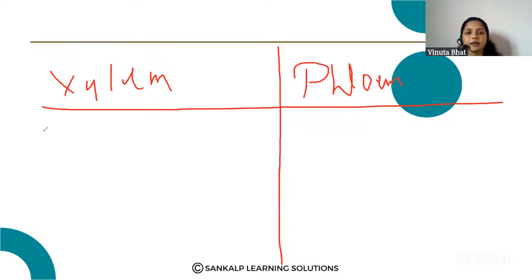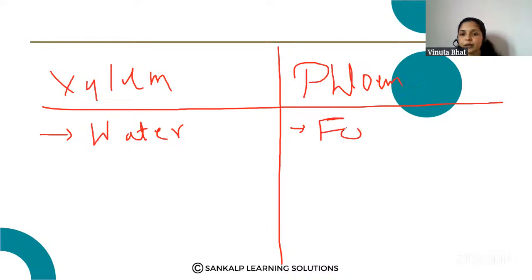Here, xylem is meant for the transportation of water, which is a water conducting tissue. Please note it down. Xylem transports the water in plants, and phloem transports the food materials, which is prepared during photosynthesis.